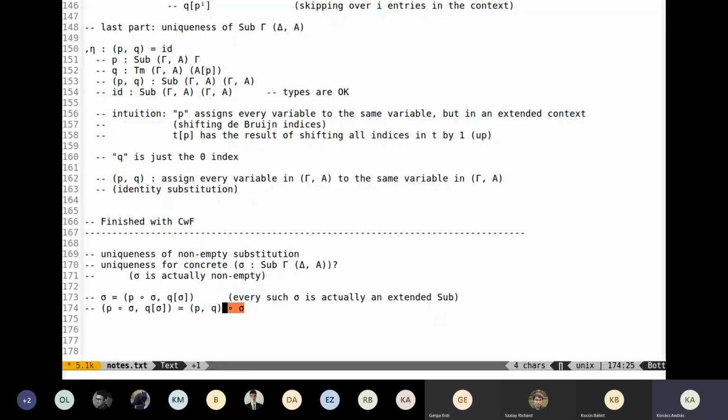So we have a rule which says that this computes to this, but we can also use it as equational reasoning in the other direction. So we factor out sigma. But now we have a rule that PQ is just the identity substitution. So this is the uniqueness rule. So this is ID sigma. And we also have a rule that the ID does nothing. So it disappears and we get sigma. So this is for a derivable equation.